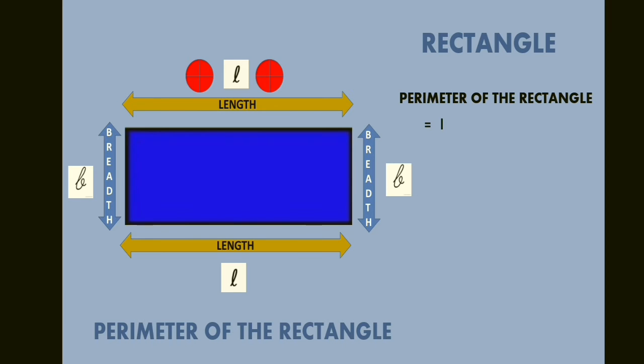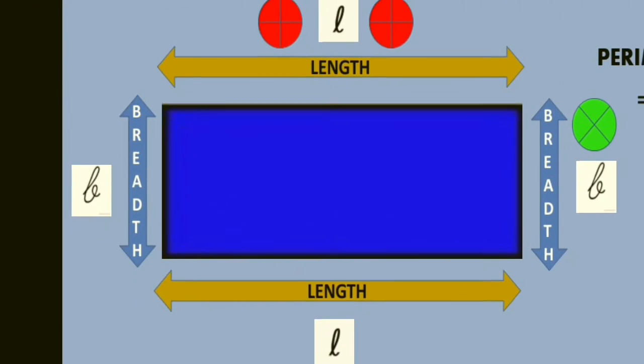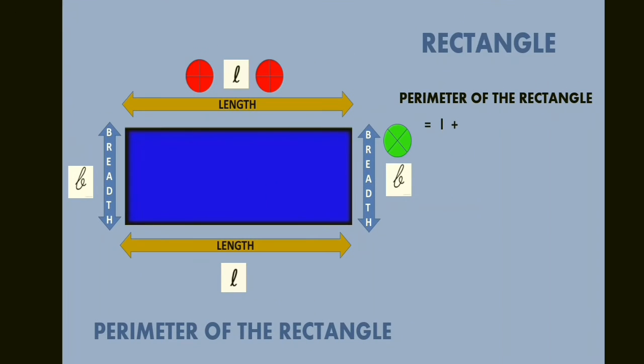It is L, so I am taking L. For perimeter I always add, so plus. I got another color, green, it is B, plus. And I got red again, inside there is L, and as I move around, I got another green, inside it is B. So the perimeter of the rectangle is L plus B plus L plus B.